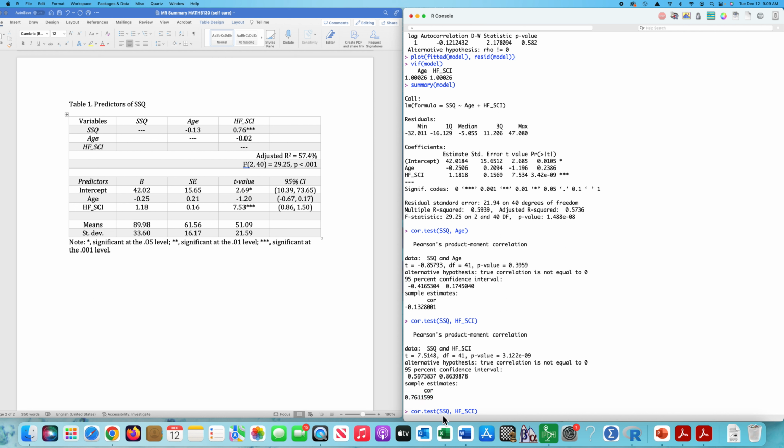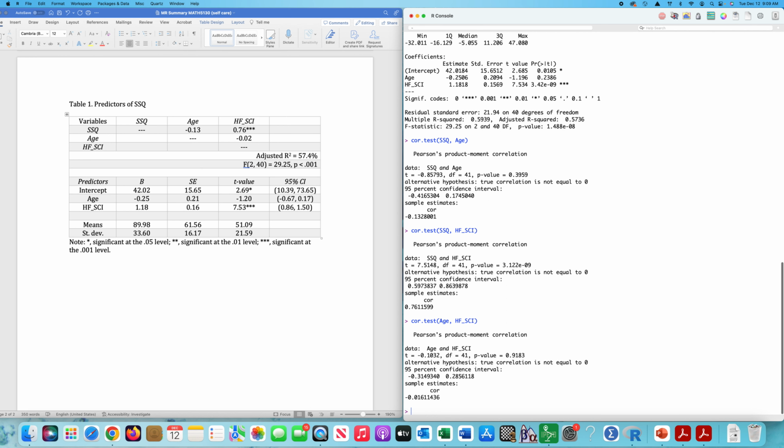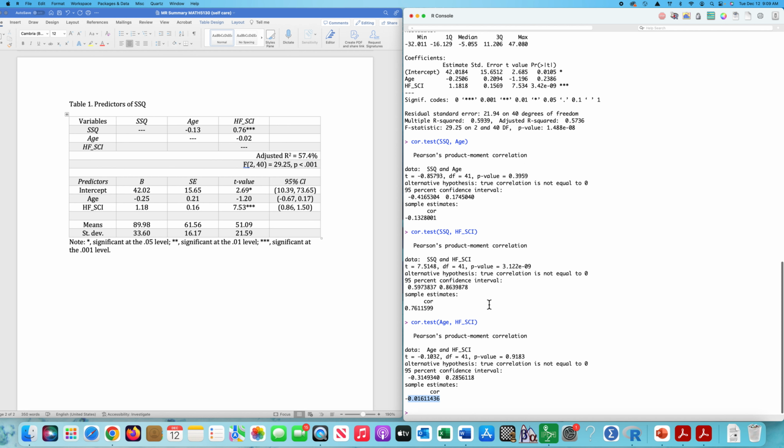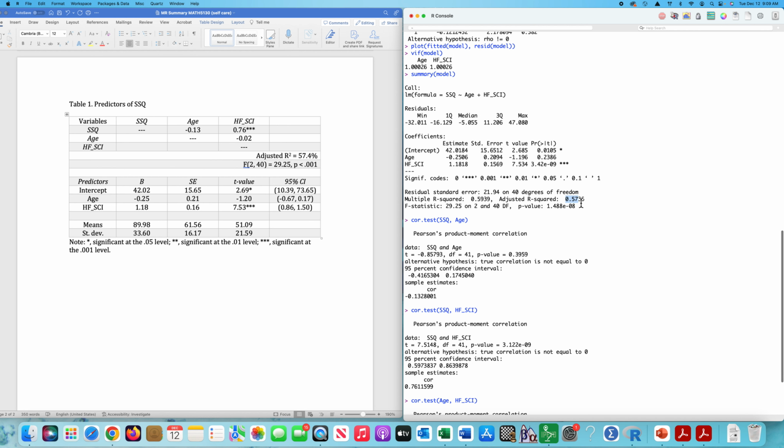It's easy to do. Just do age. And you can see that we do not get statistical significance. The correlation coefficient is extremely low, negative 0.02. So the correlation matrix part is at the top. Next thing, the adjusted R squared, again, comes directly from the output.